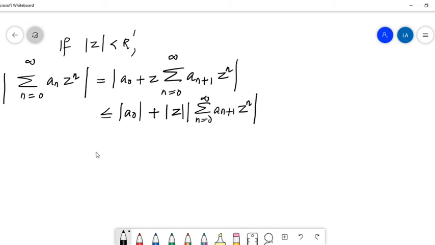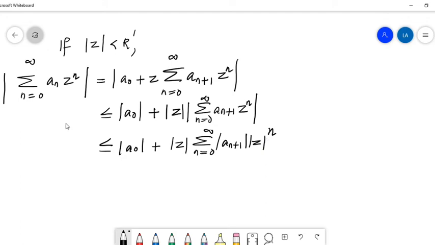That is less than or equal to modulus of a naught plus modulus of z into, again applying the triangle inequality here, summation n is equal to 0 to infinity modulus of a n plus 1 into modulus of z the whole raised to n. So that's how we just rearranged.